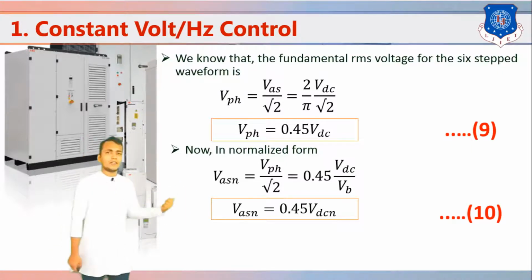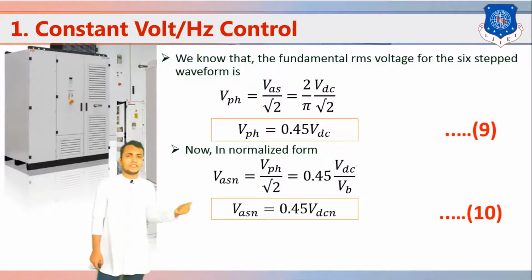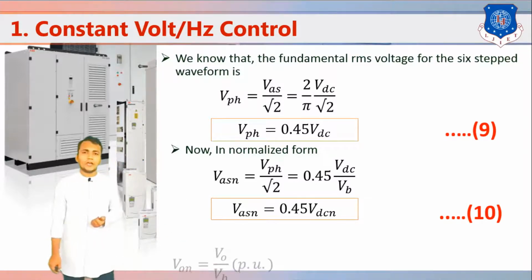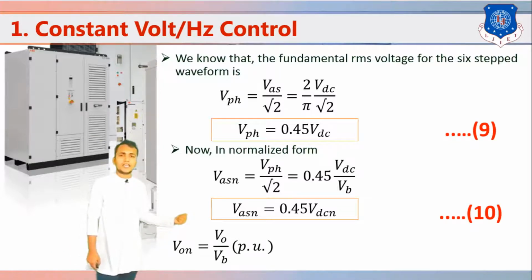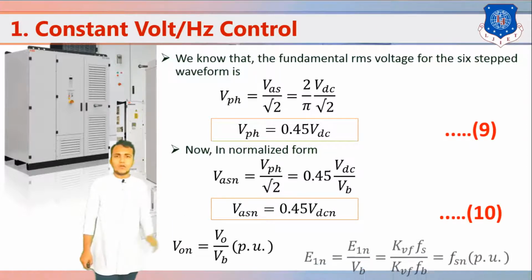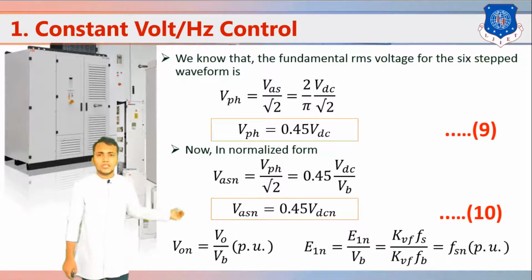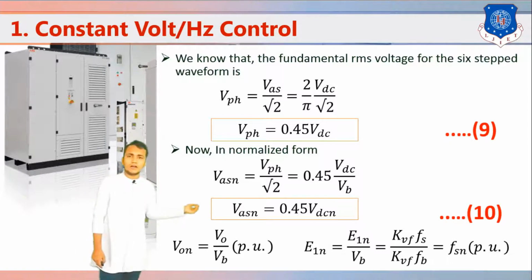So here that is the relationship between voltage and DC voltage. Now V0n is equal to V0 divided by VB, that is the offset voltage V0 in normalized form, per unit system. And E1n is also written in normalized form, that is E1 divided by VB, equal to Kvf Fs divided by Kvf FB.